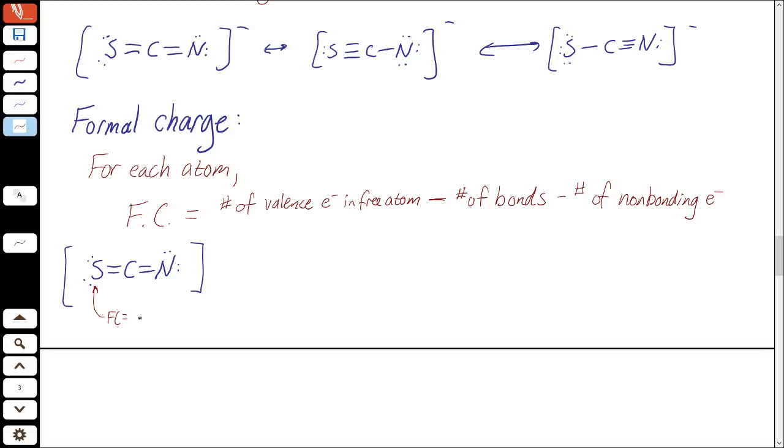So what's valence electrons in sulfur? 6. And then how many bonds are connected to it here? And then how many non-bonding electrons? 4. You see the 4? So its formal charge is 0.